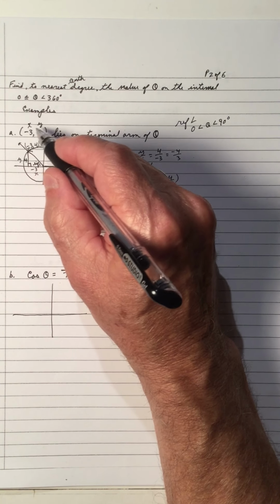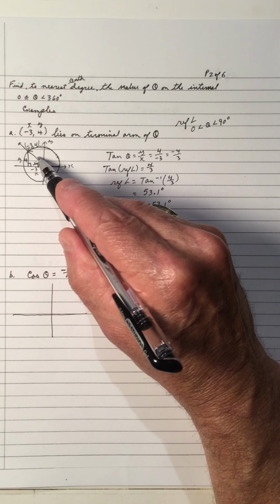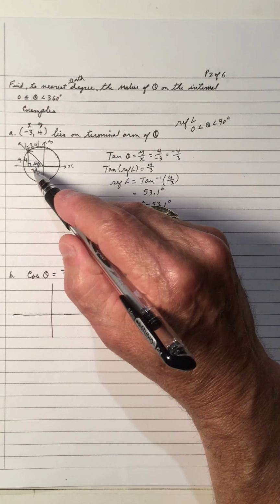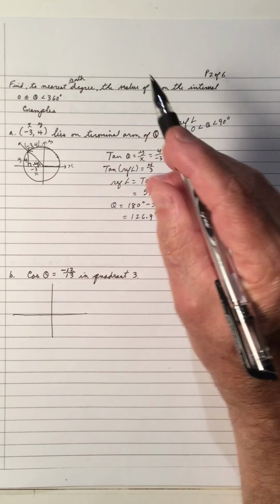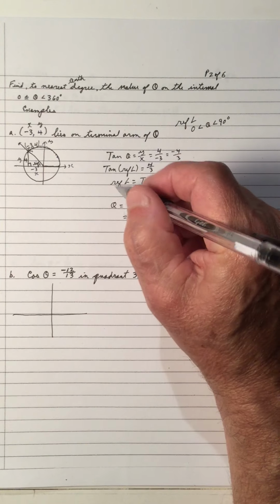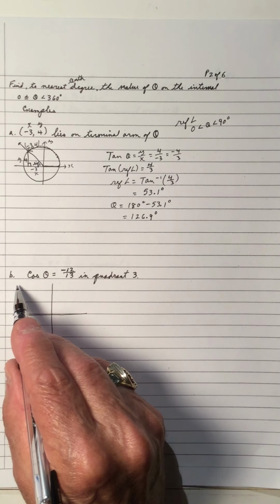Because I have x and y, I can use tan. If I did work out the radius, I could use cos and sine and get the same answers. But because I have x and y, tan is y over x, so I didn't need to get the radius.